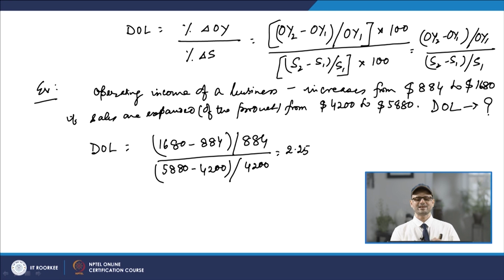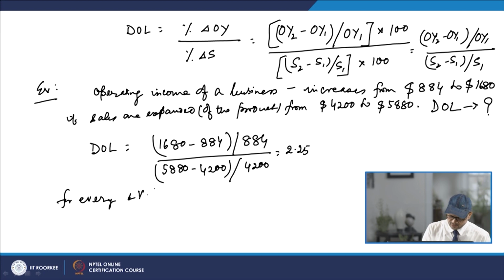Now, what is the significance of this value 2.25? This 2.25 indicates that if there is a 1% change in sales, you will have a 2.25% change in operating income. So, if your sales increase by 1%, there will be a 2.25% increase in the operating income.